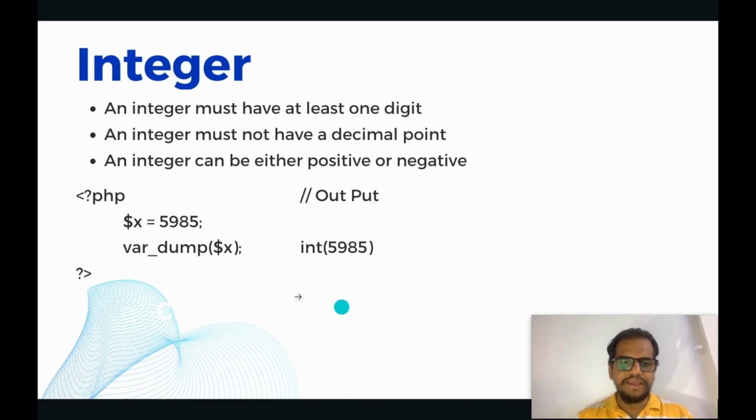So the example here is $x equals 5985. We used var_dump here. Why are we using var_dump? Because we need to check the data type. So the output shows int, meaning integer, and 5985. So this is called the integer data type.